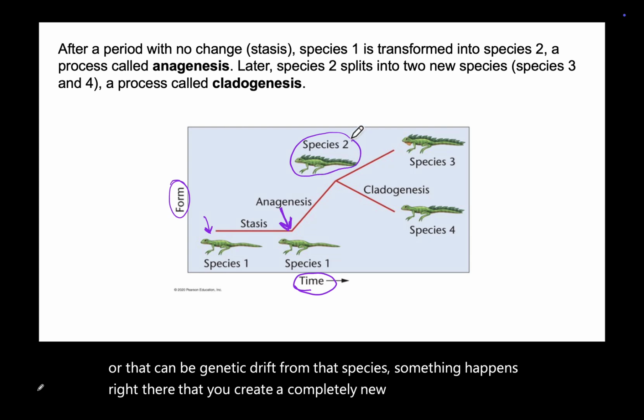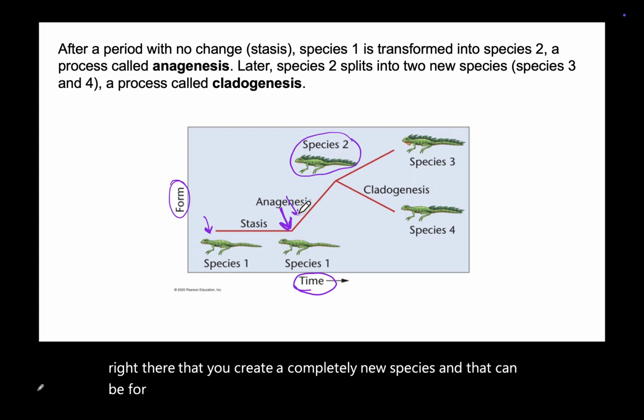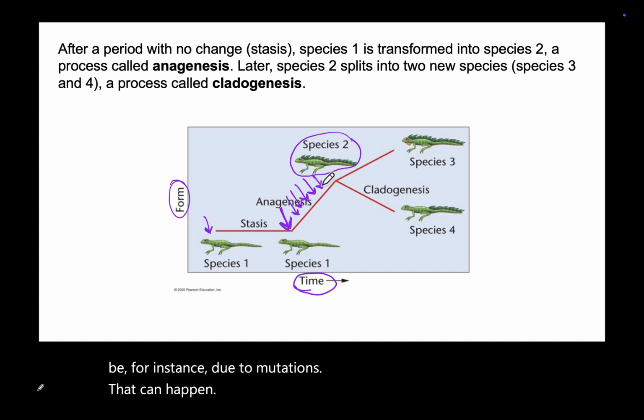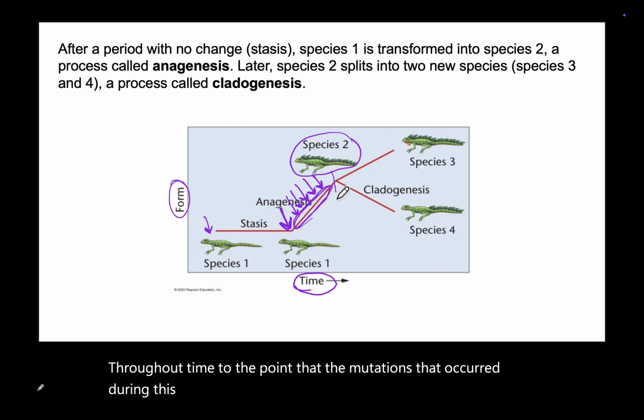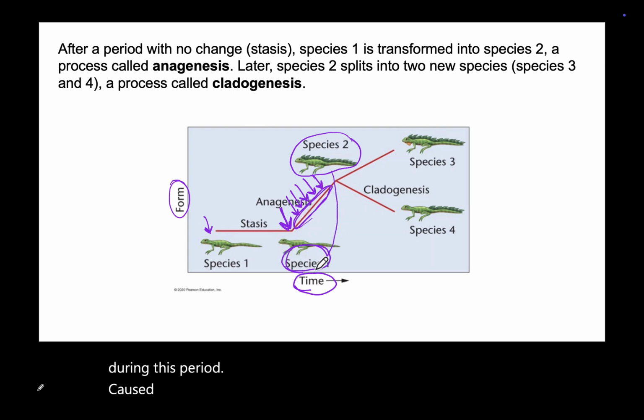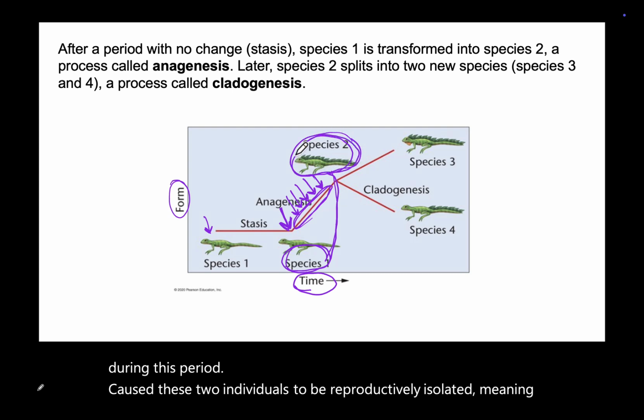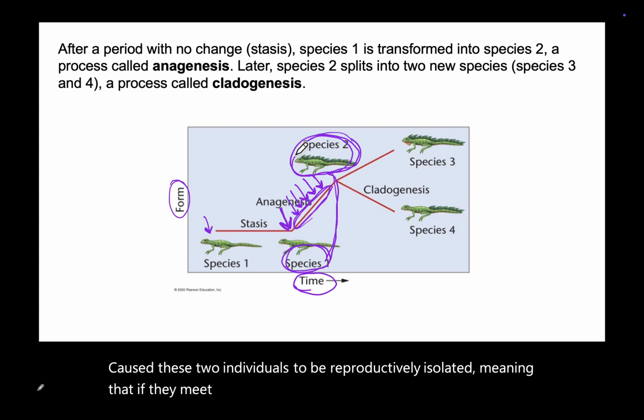And that can be, for instance, due to mutations that can happen throughout time, to the point that the mutations that occurred during this period caused these two individuals to be reproductively isolated, meaning that if they meet, they cannot produce a viable individual.